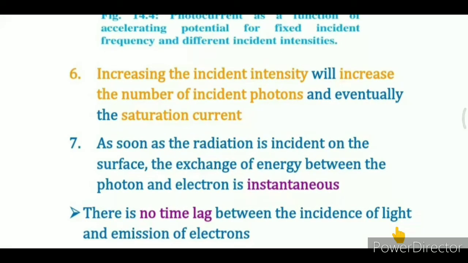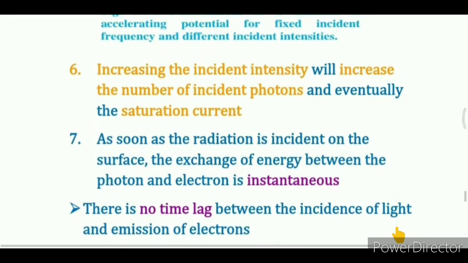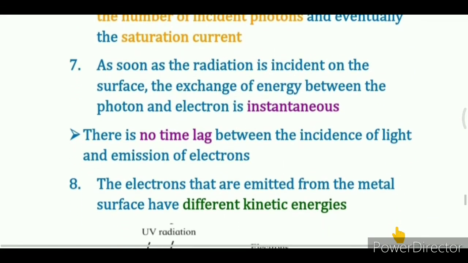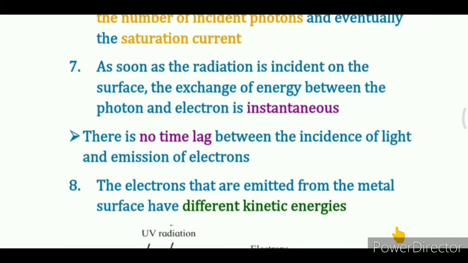The next explanation by Einstein is that the electrons emitted from the metal surface have different kinetic energies.